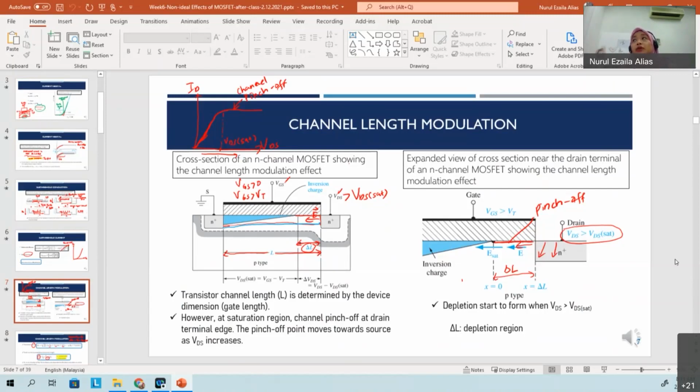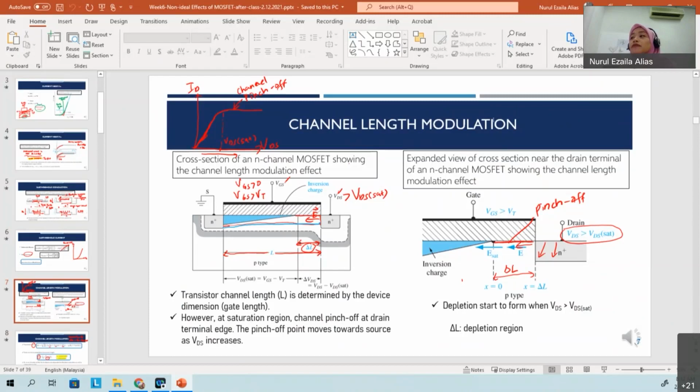Those 2 plots represent 2 different drain voltages applied. I don't know whether you still remember or not. One VD is 0.05 volt, that is VD at linear region. The other one, when you apply VD at 1 volt, is at saturation region. So both linear region and saturation region.